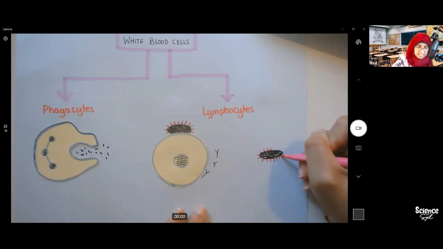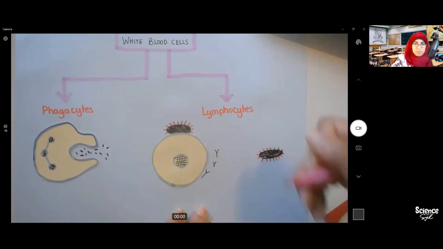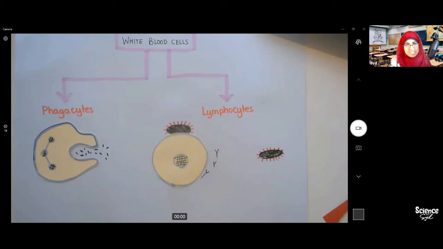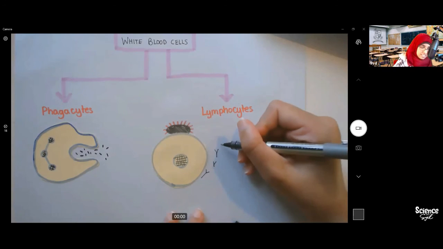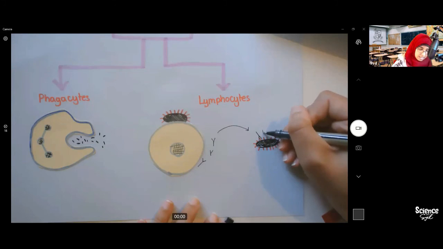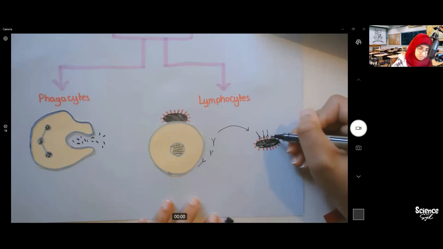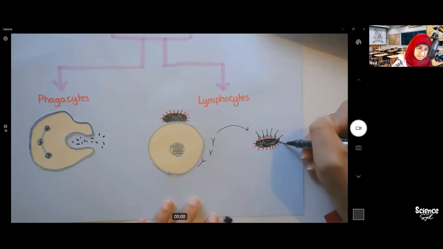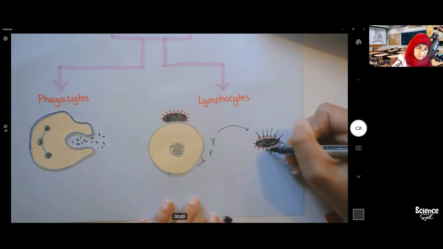Just like if you try and get chickenpox a second time, your body will go, I recognize that illness before. And what will happen is that these antibodies come over here and they will stick to your pathogen and stop it from havocing your body.